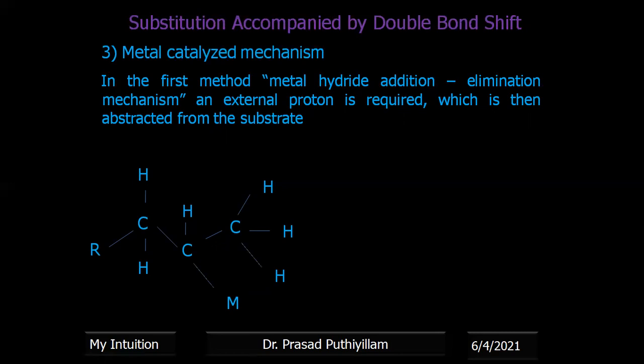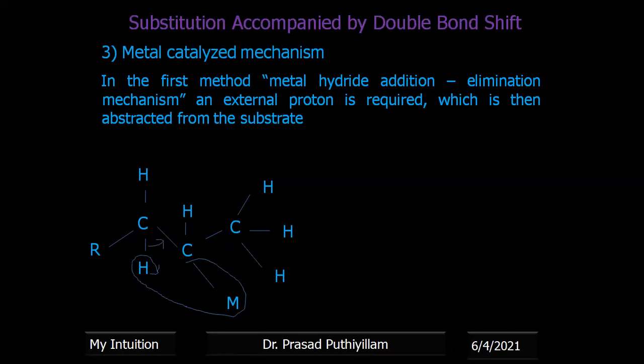Now elimination. So the first part of this is over. Metal hydride is added to the double bond. Now the elimination reaction should take place. In elimination, one of the protons is taken by the metal with the bonded pair of electrons. The metal and the bonded pair of electrons take one H as H plus. Then this carbon hydrogen bonded pair of electrons forms a double bond there.